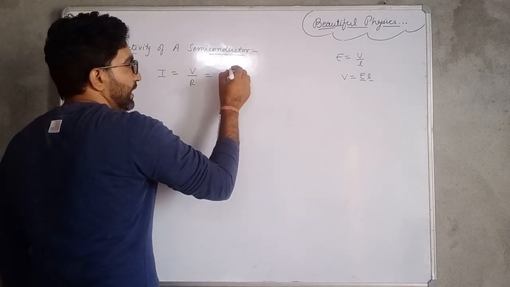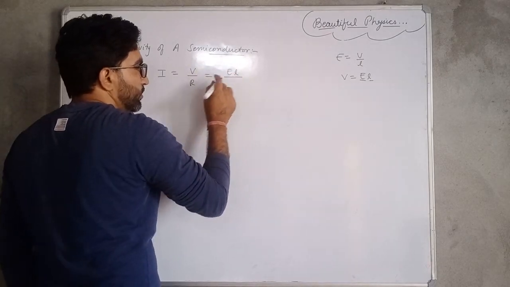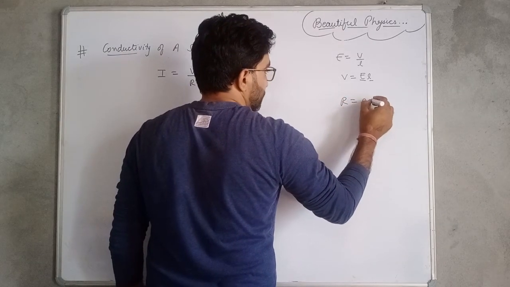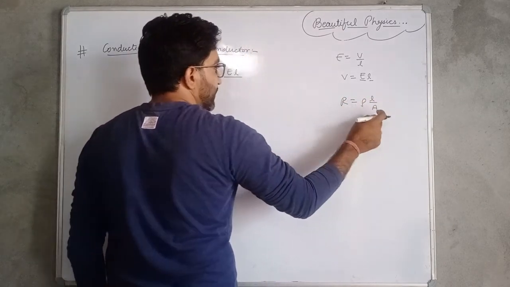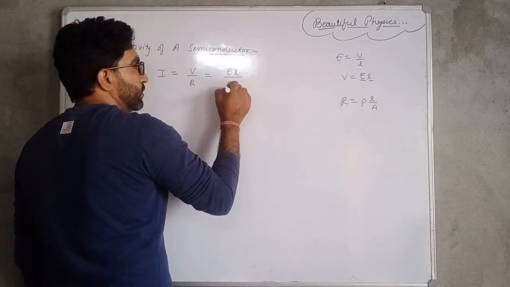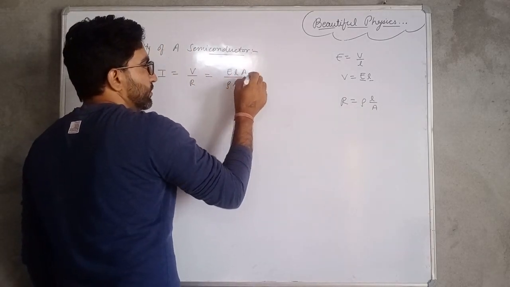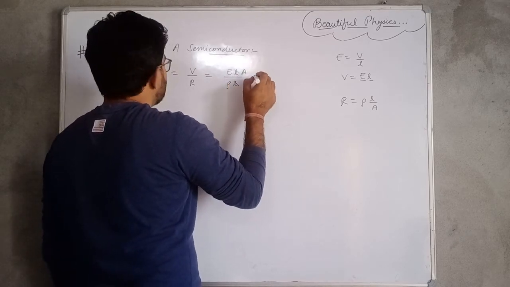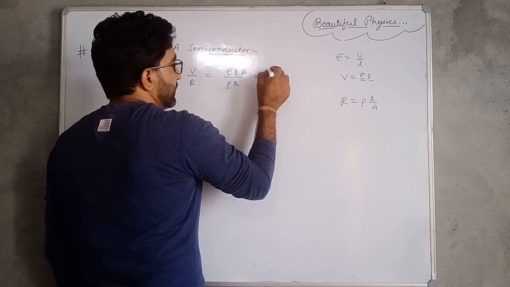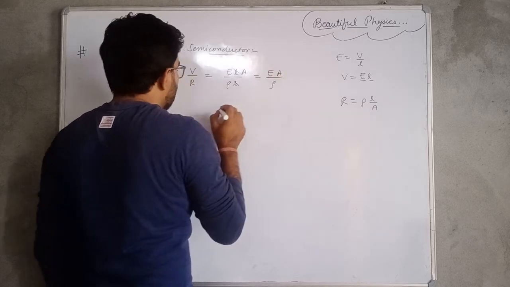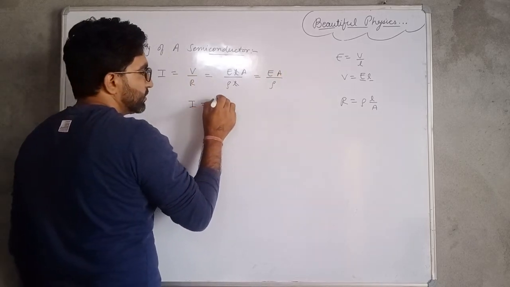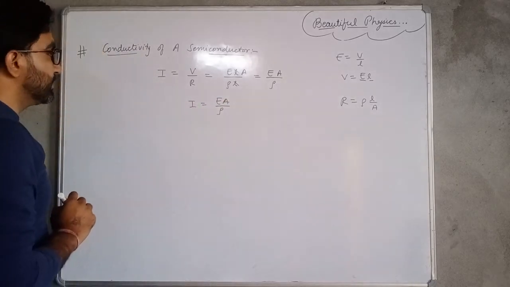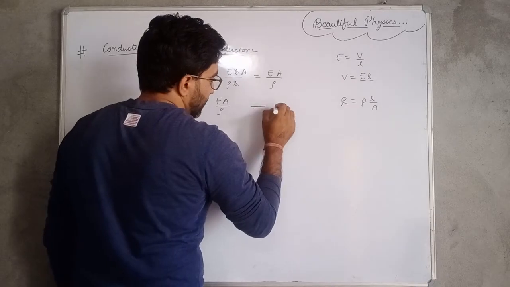So we can write E L upon R. We know that the resistance R = rho L by A. When we use this relation, we have rho L upon A, which goes upside, and L cancels out. So we have E A upon rho. So the current I = E A upon rho. Let it be equation number 1.